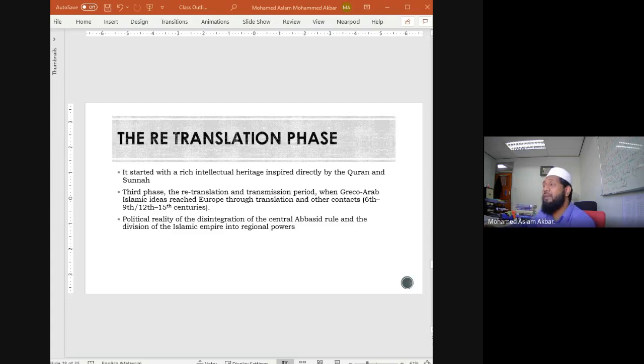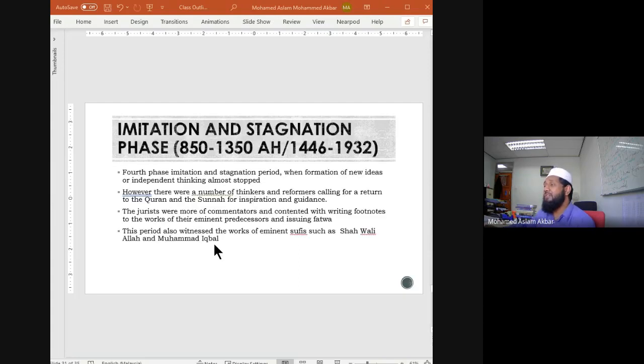That's what we have right now in the next one, which is the imitation and stagnation phase. In this stagnation phase, most of the time we've been busy with so many worldly things, so many colonizations, and so many identity crises. That's the reason why the bad things are happening, because of our non-continuity in that particular field.